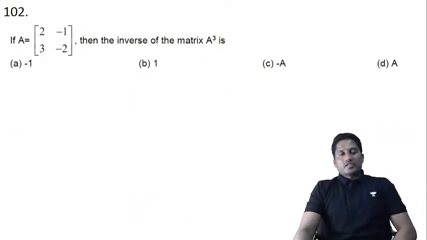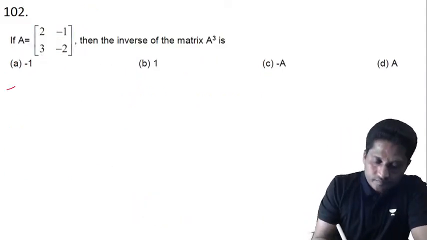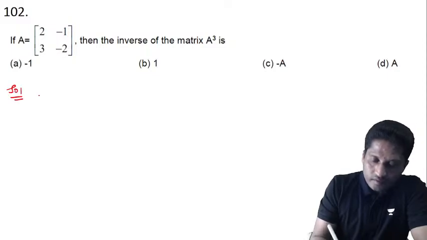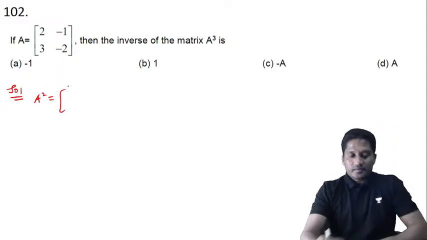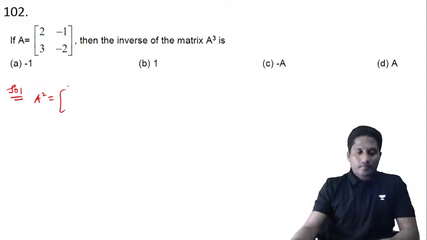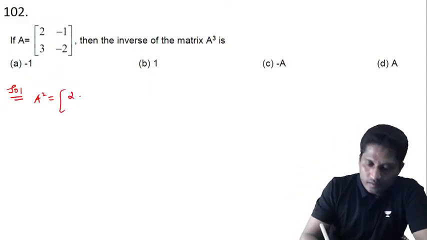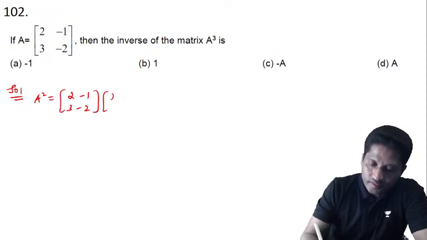I should find out what is the inverse of A cube. A square is equal to [2, minus 1; 2, minus 1; 3, minus 2] times itself. First row, first column, I'll get this as 4 minus 3.